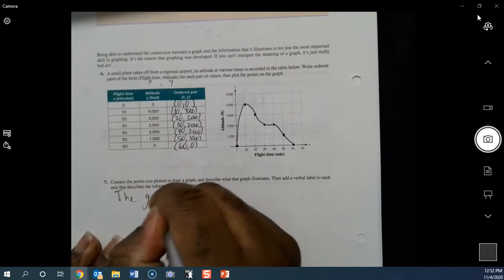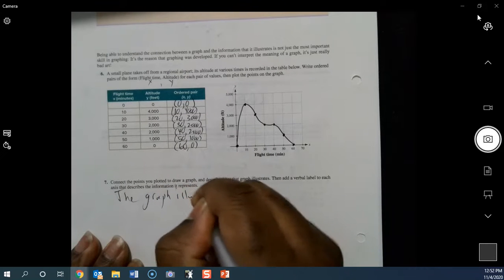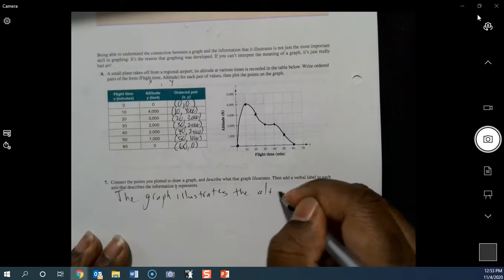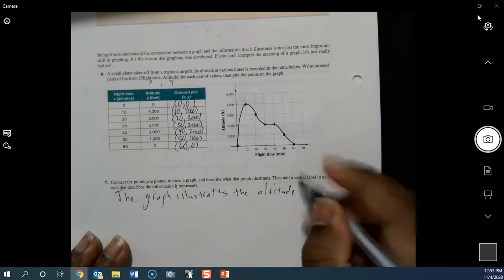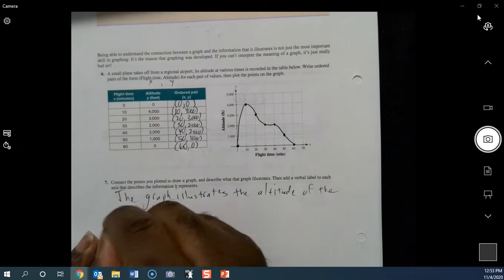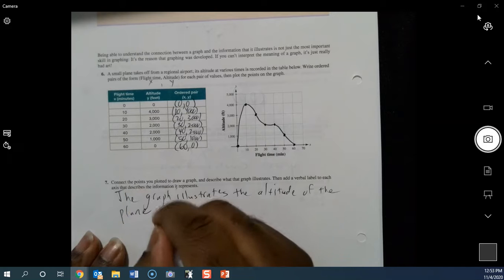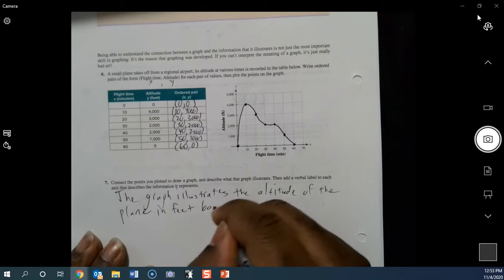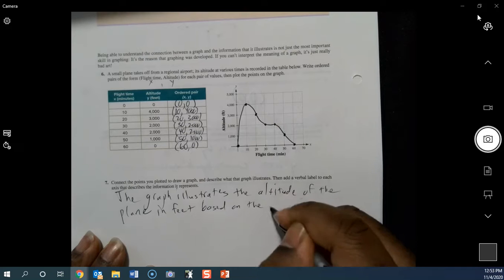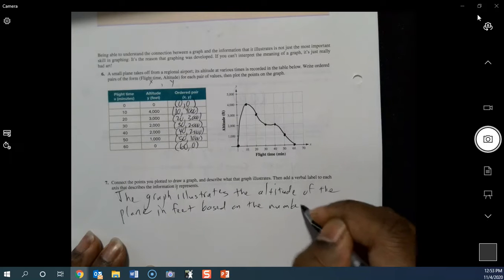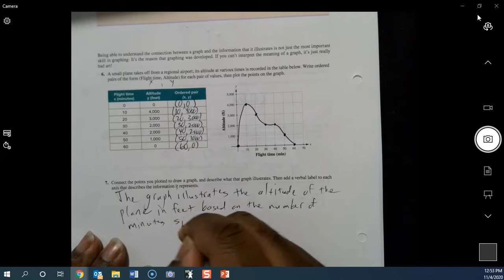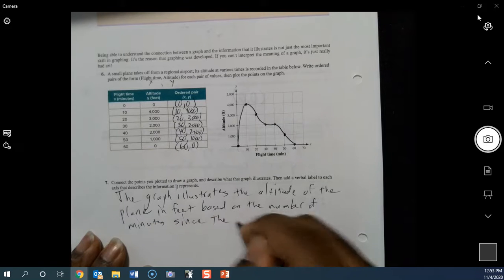The graph illustrates the altitude of the plane in feet based on the number of minutes since the flight began.